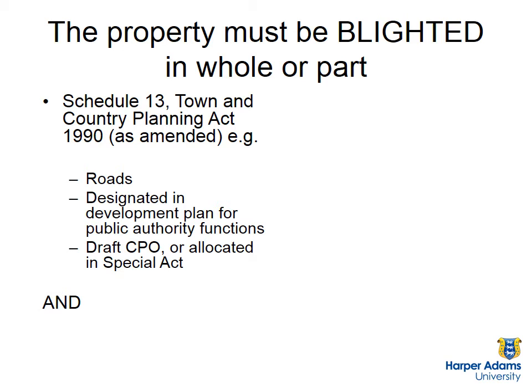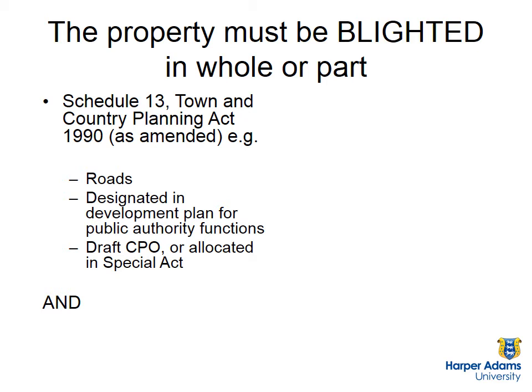It's a matter of easy reference if you are concerned that your property might be blighted. But items like road proposals, designation in development plans for public authority functions, or indeed being subject to a draft compulsory purchase order or land allocation in a special act for compulsory purchase, all count as examples of the sort of thing that lead to your property being blighted.